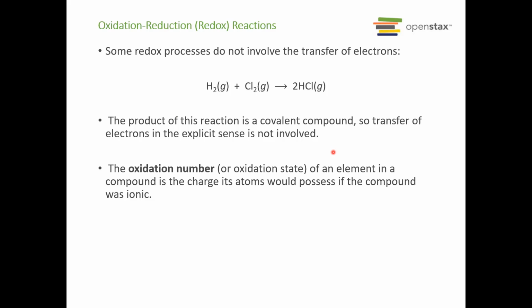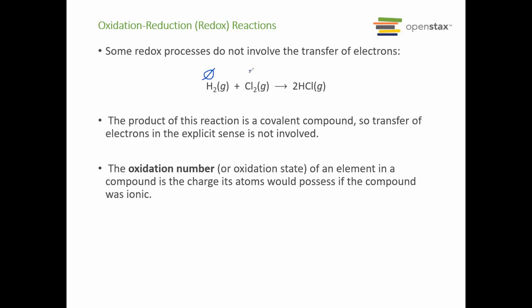So if we look at something like the reaction here, we can see why it's going to be considered an oxidation reduction reaction, even though it's not going to be a reaction that actually involves the transfer of electrons. But we'll see when we look at the rules in a couple of slides for oxidation numbers.